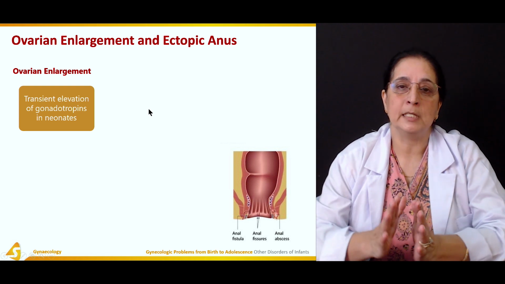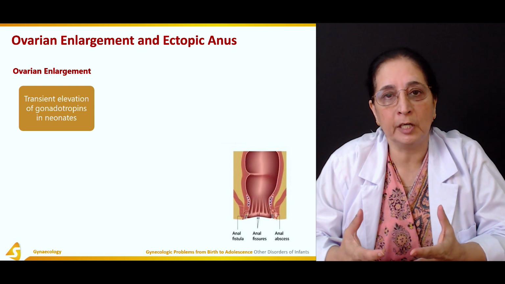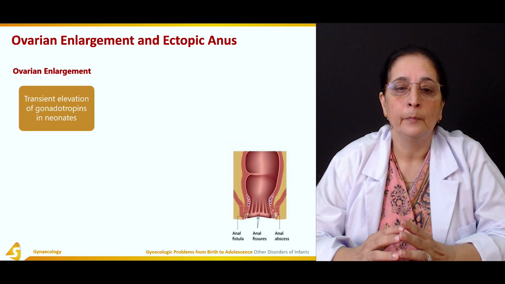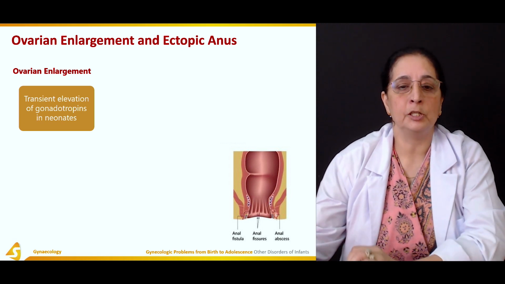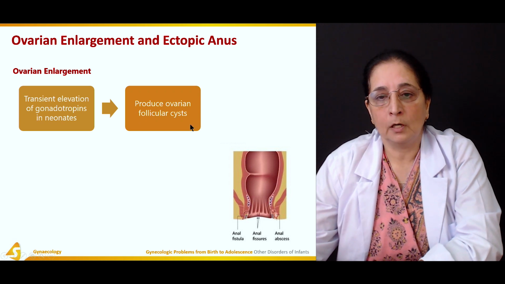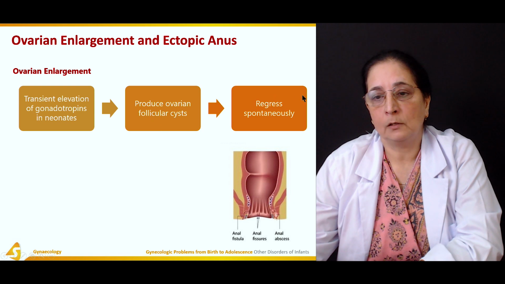These hormones have an effect on the ovaries and cause maturation of ovarian follicles, and this can lead to ovarian enlargement in the neonates. This can produce ovarian follicular cysts.